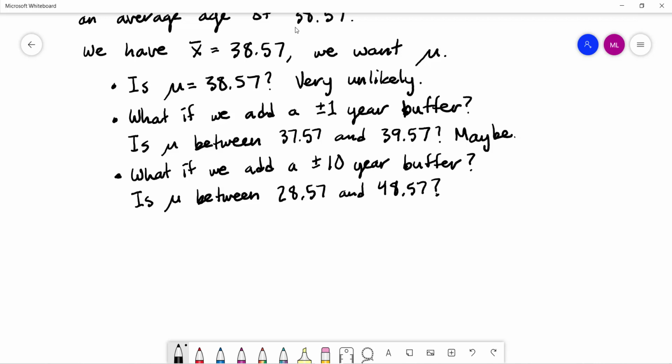And now that I've added plus or minus 10 years, I'm asking about the average age of a US citizen. Is it between about 28 years old and about 48 or 49 years old? Probably. I'm pretty sure now.